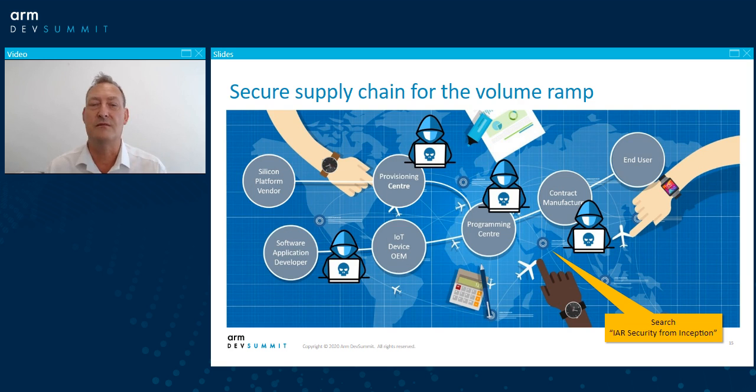Typically, these will go into a programming center where individual chips will be programmed up with the target application and all the security information that we've been talking about. And that then will go on to the contract manufacturer.